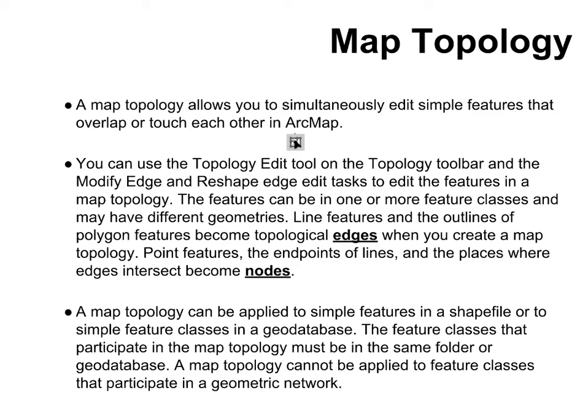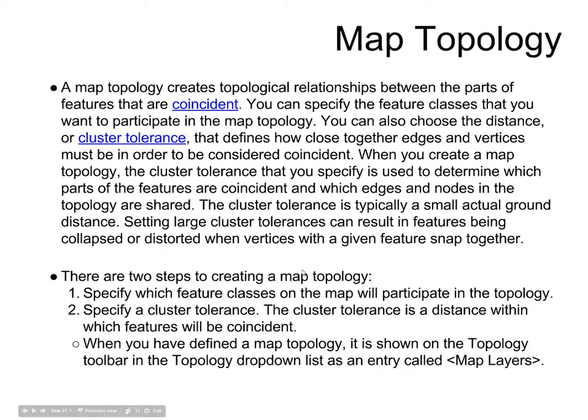The terms lines and arcs are referred to as edges because they can be shared, as well as the places where edges intersect, which we'd normally call points or sometimes vertices. They become referred to as nodes. We'll come back to map topology and we'll see it in an editing exercise and in a demo.